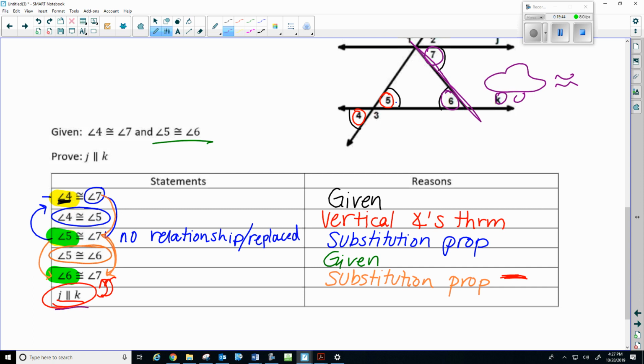But because we are proving the parallel lines, we do have to do the converse. So the converse of whatever angles these are, and as we discussed, they're on alternate sides of this transversal, so we have alternate, and they are on the interior. So we have the converse of alternate interior angles here.